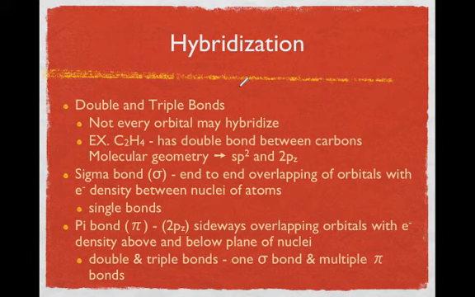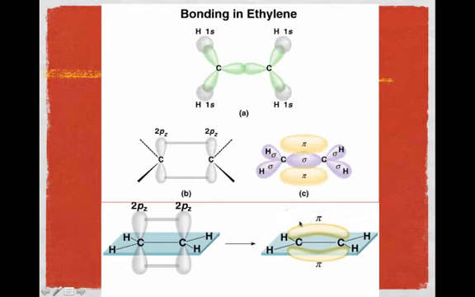The sigma bond, where it says the density between the nuclei, I think there's a picture. Actually, let's just look at the picture. It might help. The sigma symbol is the O with a little line coming off of it. When you see that, it looks like this. That's the sigma right here.